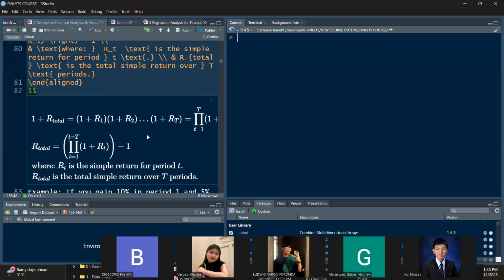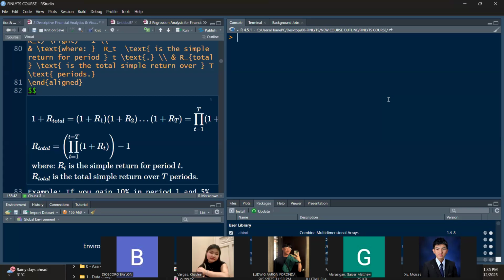And since you're given the returns per period, then you can compute for the total return. The total return will be equal to the product: 24%, 0.24, according to Paula.